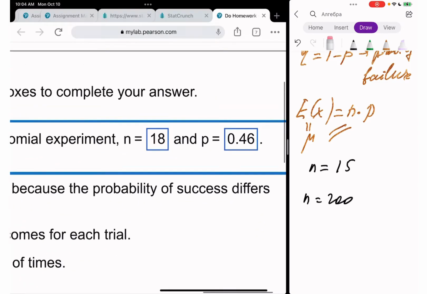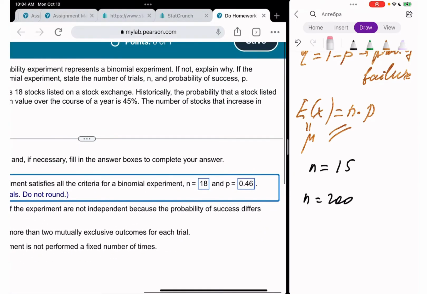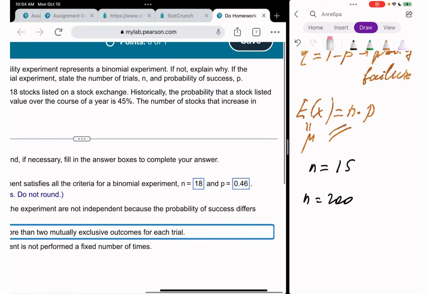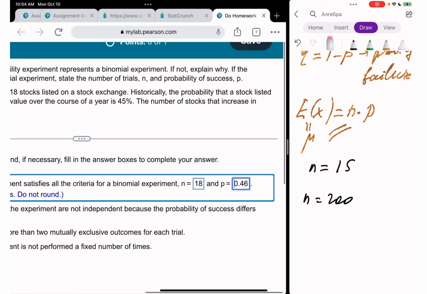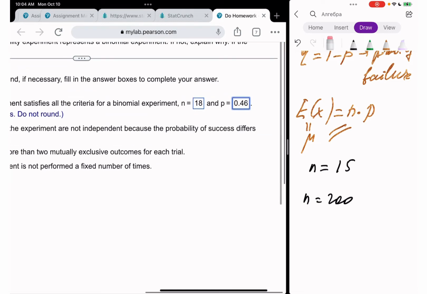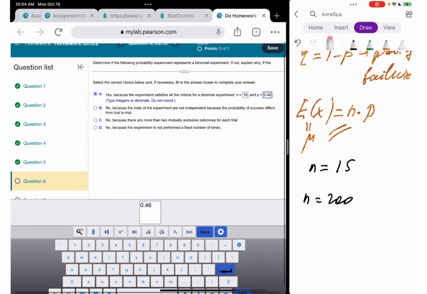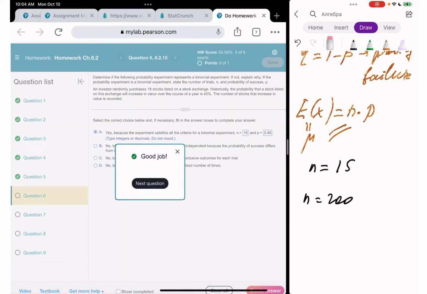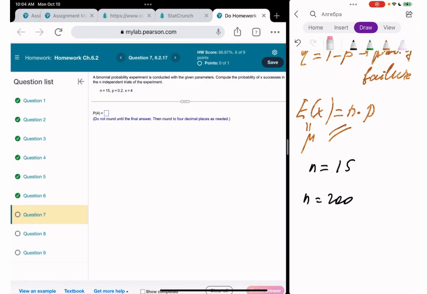Is it 0.46? No, 0.45, I'm sorry. I'm trying to figure out what I did wrong. Okay, 0.45. Okay, finally we got it.